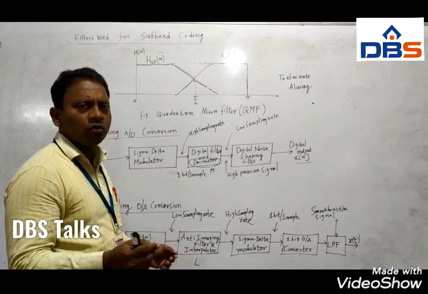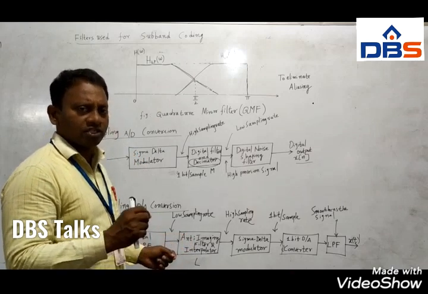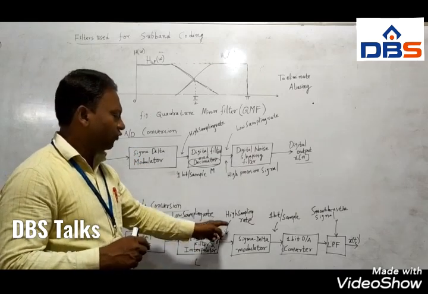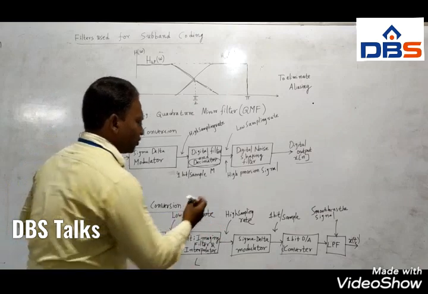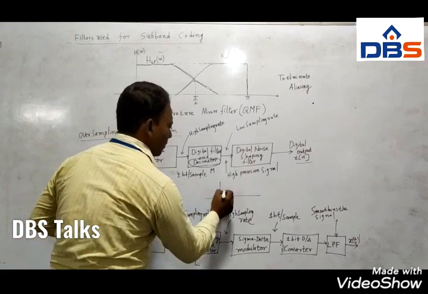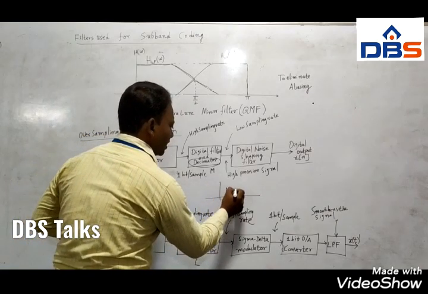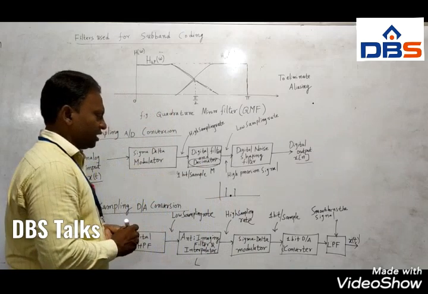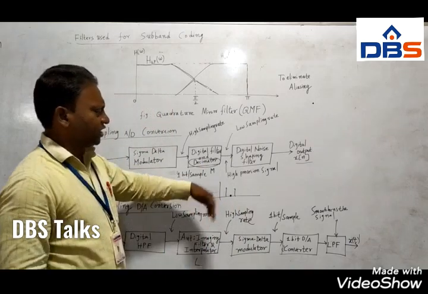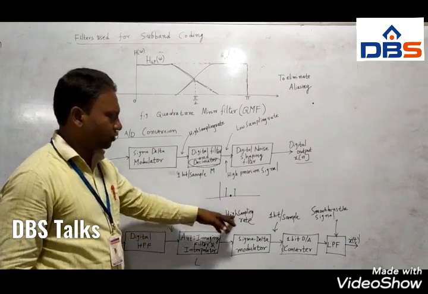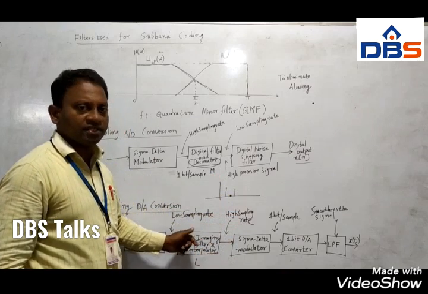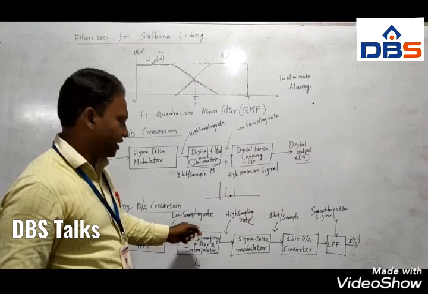Suppose L is 2, so 2 minus 1, one sample is introduced between two adjacent samples. Suppose initially I have two samples, one here and another here. In between, now we have an additional sample. When one sample is inserted, the sampling rate increases. That's why you get a high sampling rate. So the interpolator operation will increase the sampling rate.